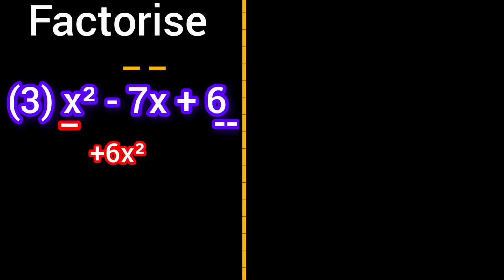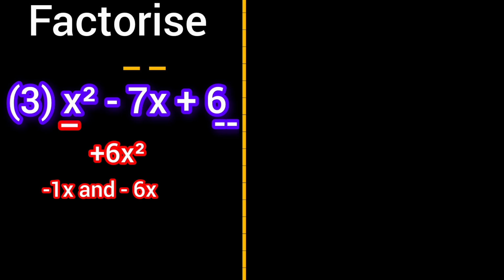And that brings us to the use of the two negatives. When you are given a quadratic equation that has a minus and a plus, both numbers must be negative, negative. Let's start. The factors of plus 6x squared that will give us plus 6x squared, and when we add them, give us minus 7x, are minus 1x and minus 6x.